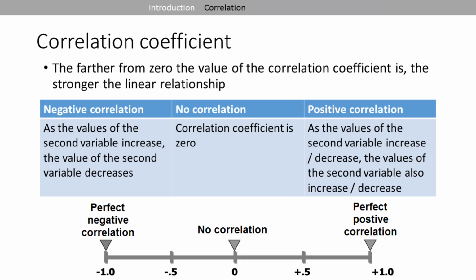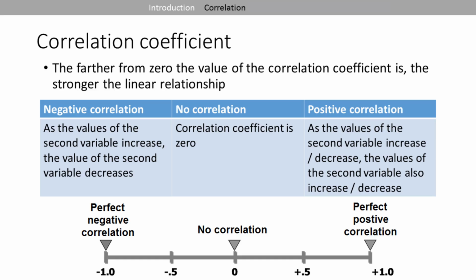In correlations, we have a thing called the correlation coefficient, which describes the power or the strength of the correlation between both variables. The farther from zero the value of the correlation coefficient is, the stronger the linear relationship of both variables is. We have negative correlation, no correlation, and positive correlation. The negative correlation is the case where the slope is at a downward angle, and the positive correlation is an upward angle.